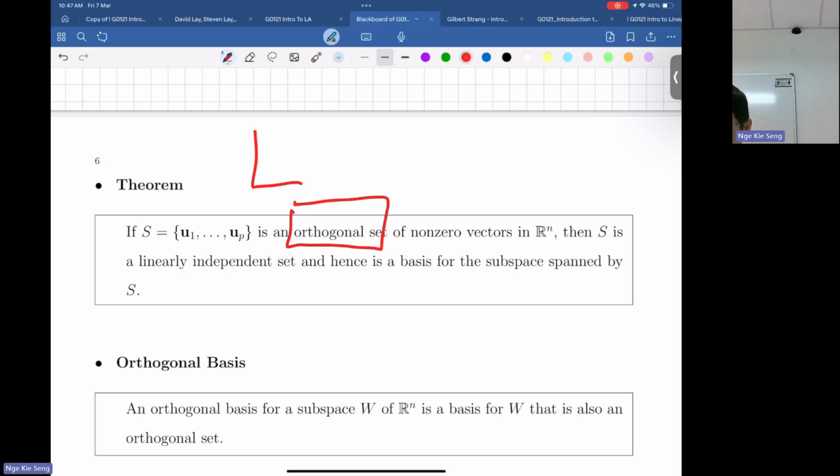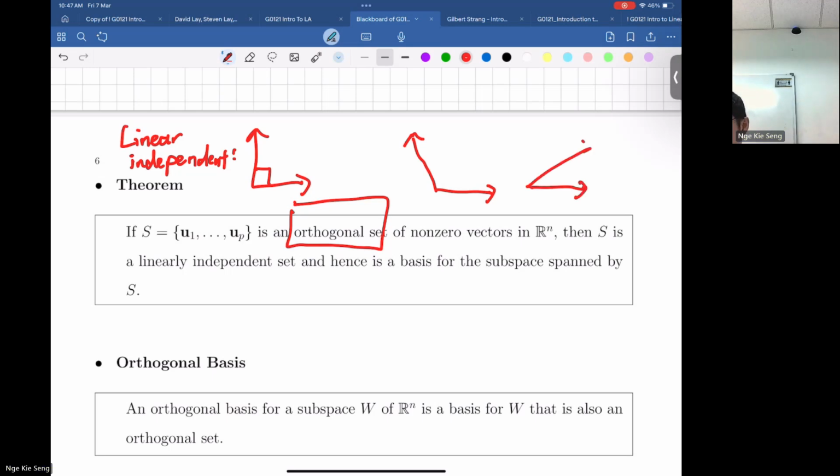This is a very cheap way to check whether the vectors are linearly independent. Between two vectors, there are really two cases: one is 90 degrees with each other, the other is not 90 degrees with each other.